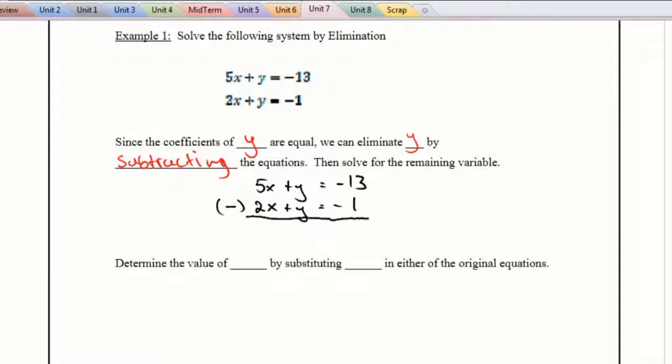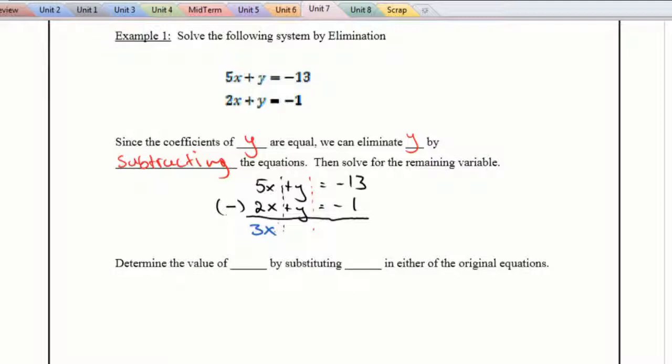You don't have to draw these columns in, but that's the idea I'm talking about. So I'm going to take my 5x and subtract 2x. So 5x minus 2x gives me 3x.